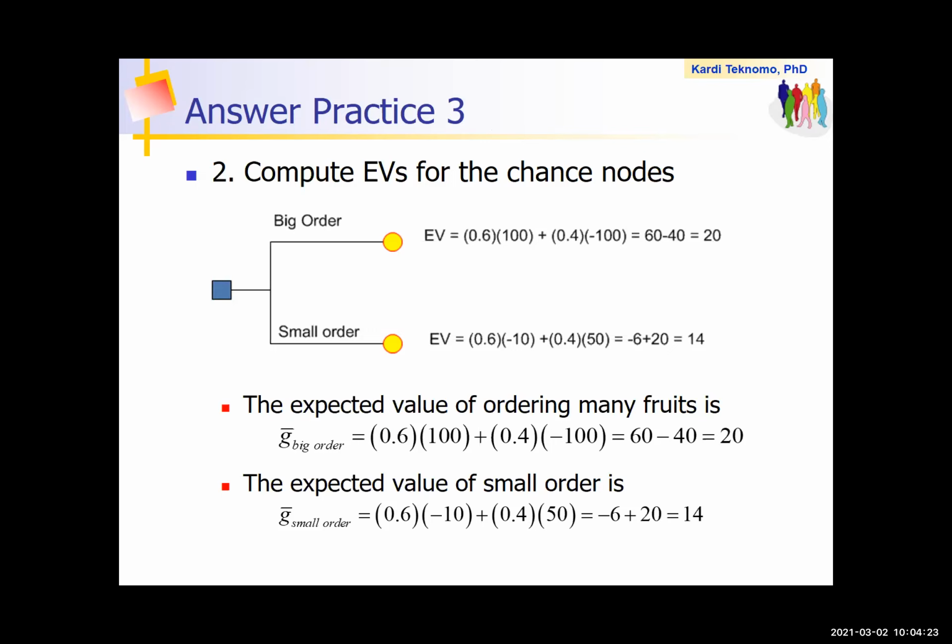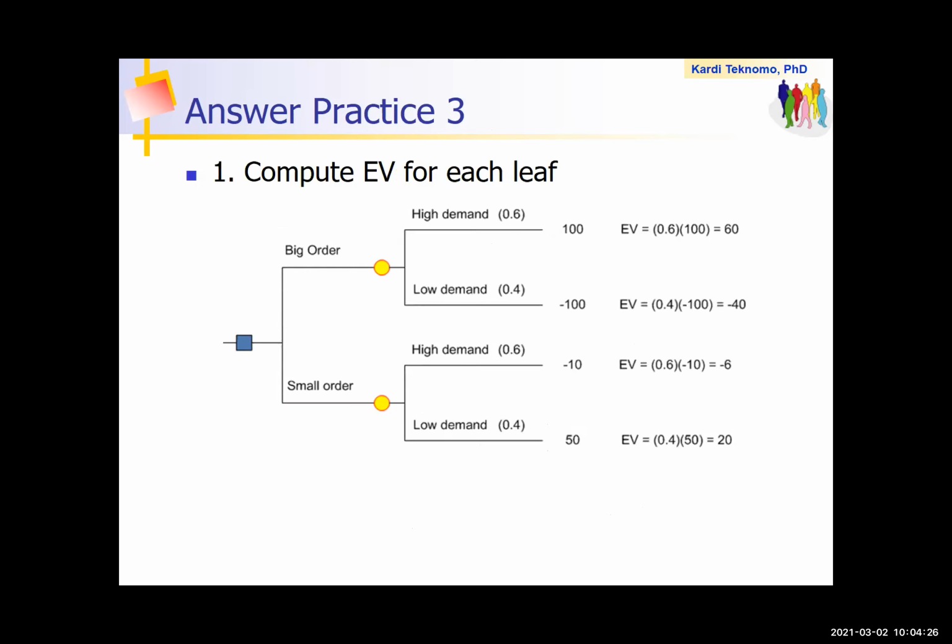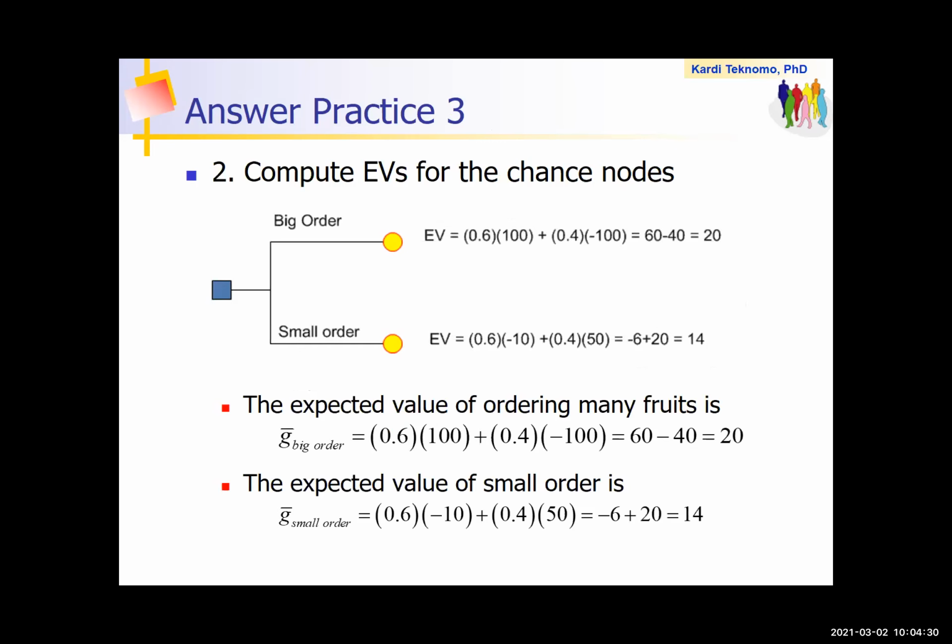Remember, you already have earlier 60, minus 40, minus 6, and 20, the EVs. Now you compute the EV for the chance node. In this case, you compute the EV, which is 0.6 times 100 plus 0.4, the probability, times minus 100.